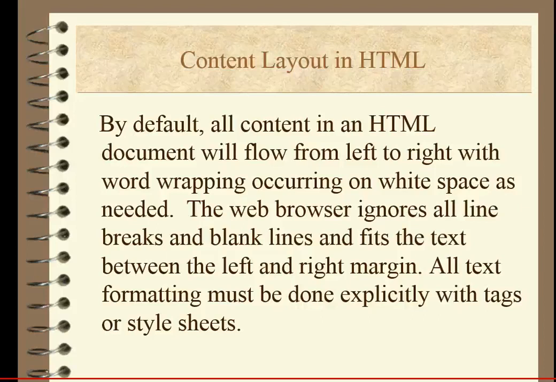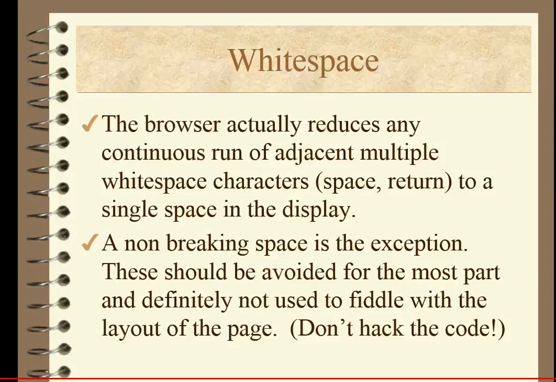And then this describes what I already mentioned about how the content works. It's going to flow from the left to the right. If we have a block element, then it goes to the next line. Otherwise, it just goes to the next line when it runs out of space and runs into the right-hand margin.